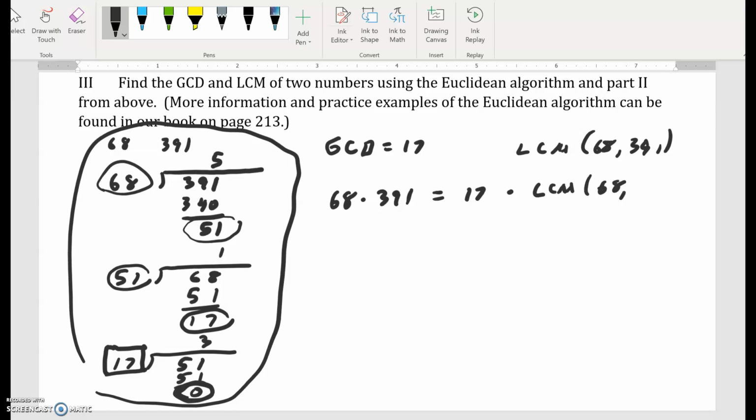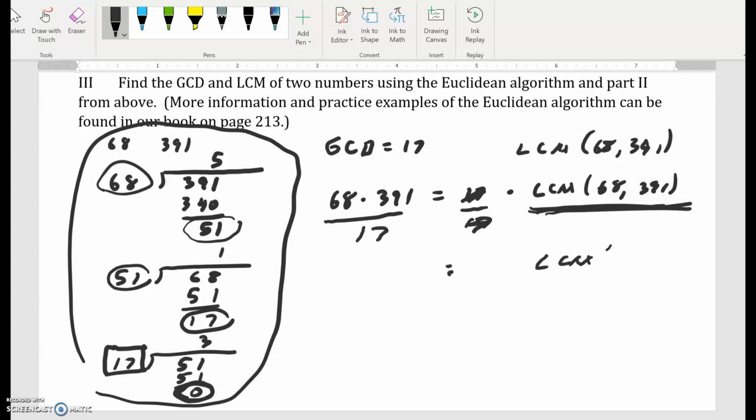Now we know what that least common multiple is from part 1, but pretend for a second like it's an unknown. How would we get it by itself? Well, we'd divide both sides by 17. And we would have that this least common multiple that we want to know, even though technically we already know it, would equal this. 17 goes into 17 once, it goes into 68 4 times, and we have 4 times 391.